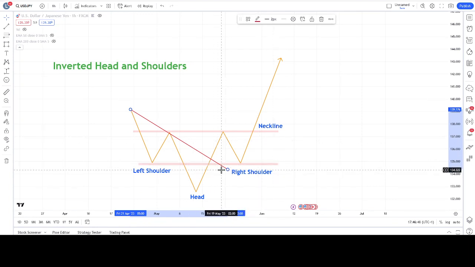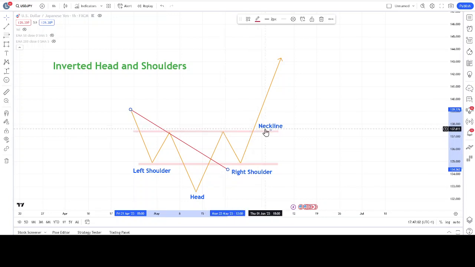So this is the first signal you can identify how to actually capture this pattern or how to identify this pattern. So the downtrend is broken straight away here, and you can see this price action has actually not made a lower high, so it's going and challenging the neckline.